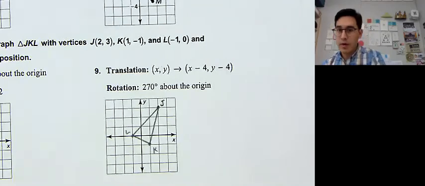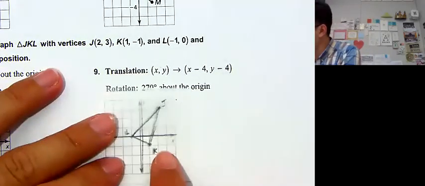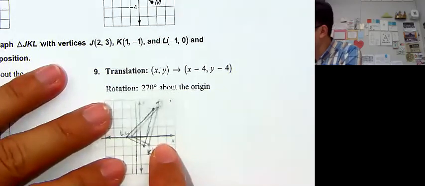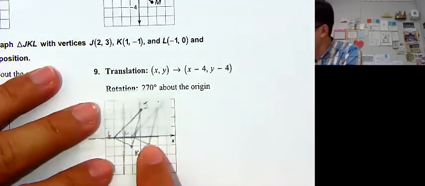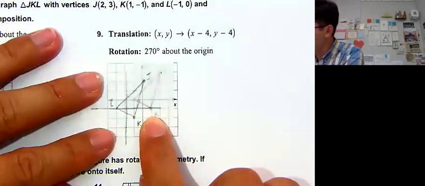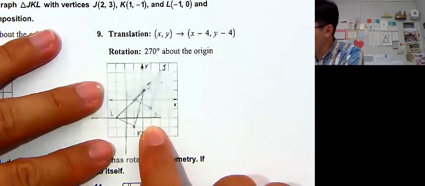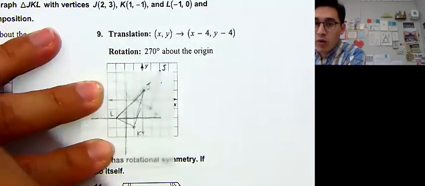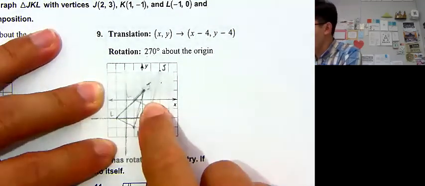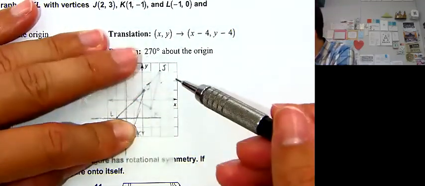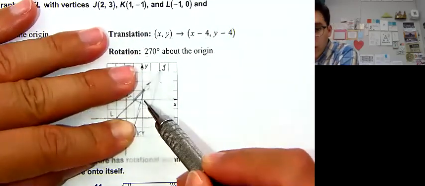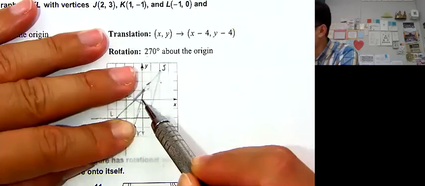Okay. All right, number 9 is a translation first. So x minus 4, that's to the left. 1, 2, 3, and 4. Y minus 4 is down. So 1, 2, 3, and 4. And now we want to rotate 270 degrees about the origin. Okay, so this is the original origin, which is right here. So I'm going to use my pencil to hold the paper still in that spot.